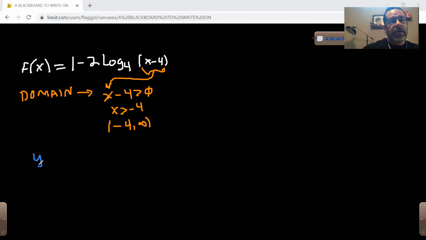So the y-intercept is going to occur for f of 0. What happens with f of 0?